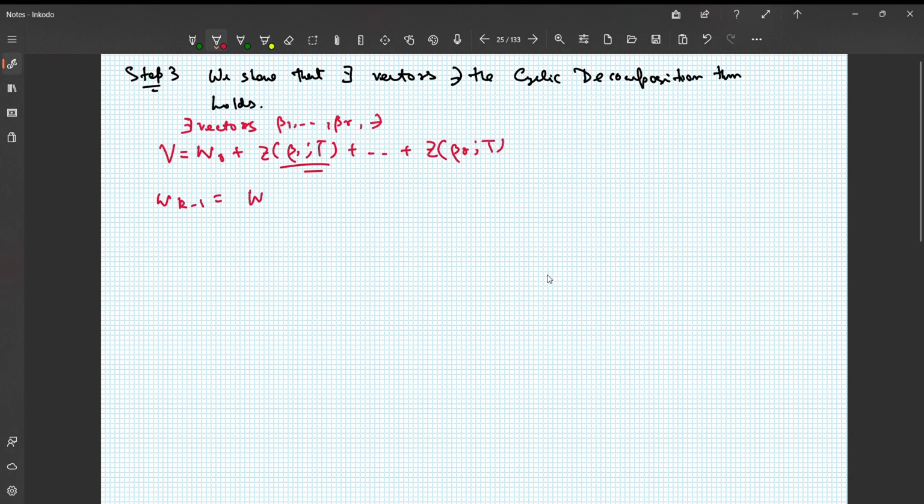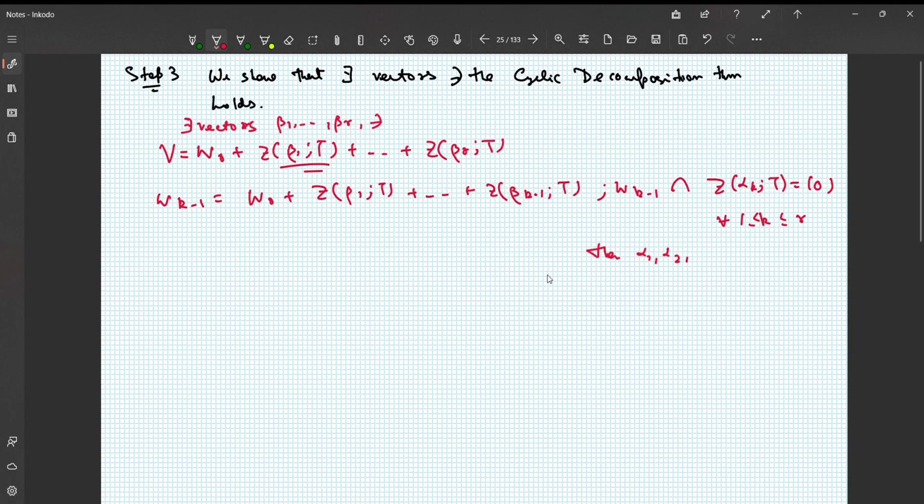Now recall we had the subspace structure of W k minus 1 of this form: W naught plus Z beta 1 T and so on till Z beta k minus 1 T. If I show that W k minus 1 intersection some cyclic subspace Z alpha k T is equal to 0 for all k in this range, then these vectors alpha 1, alpha 2 till alpha r are such that V is a direct sum, right?